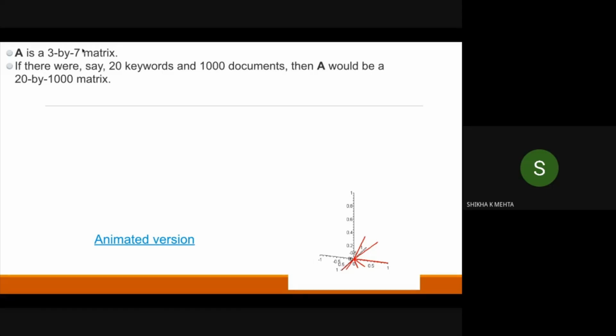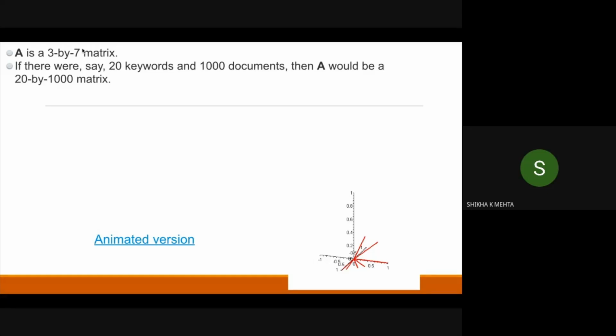This algorithm asks you how many keywords, how many terms, how many dimensions you want. You can decide beforehand. If out of 20 you want 10 dimensions, it will give you the 10 important dimensions, which are called the components in this algorithm.